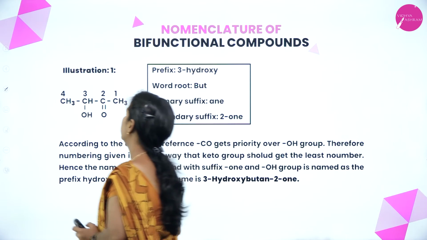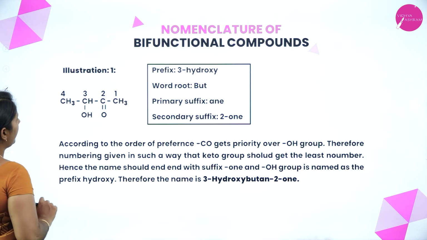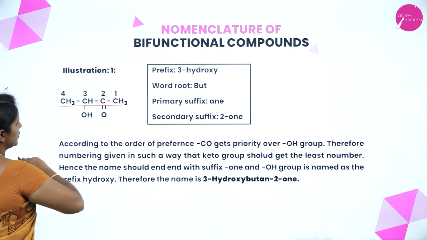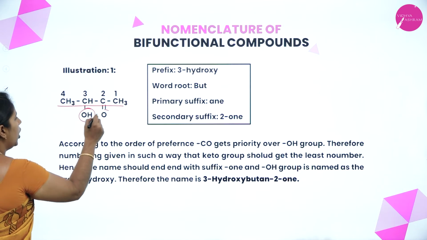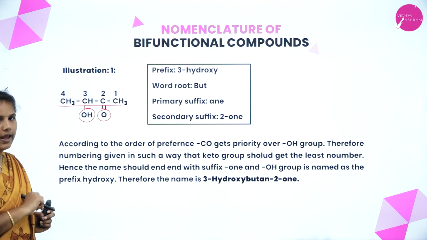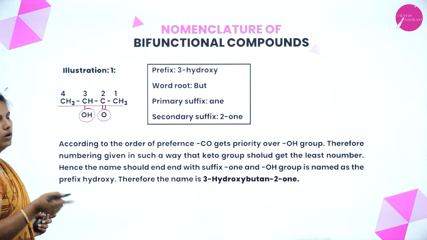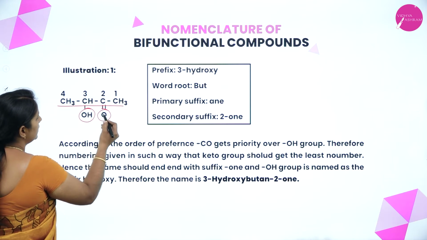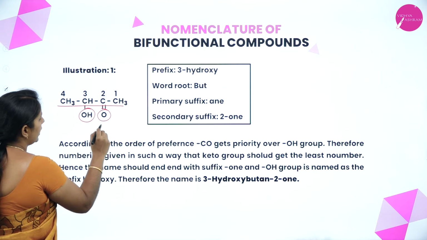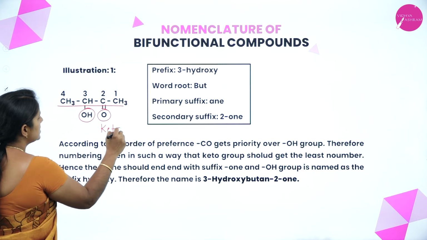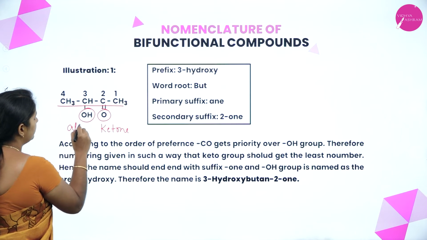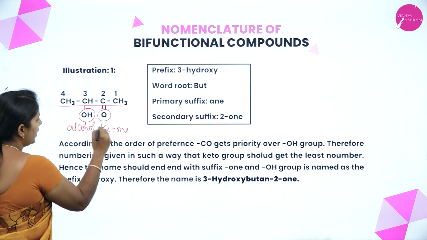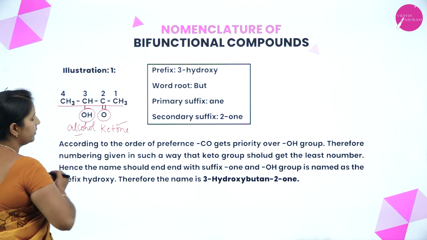You can see that this is an example where this straight chain has an alcohol as well as a ketone as functional groups. Now, what to give preference to? This is the carbon atom which has the ketone as the functional group, and this is our alcohol. So in the priority order, ketone will come first, then the alcohol.